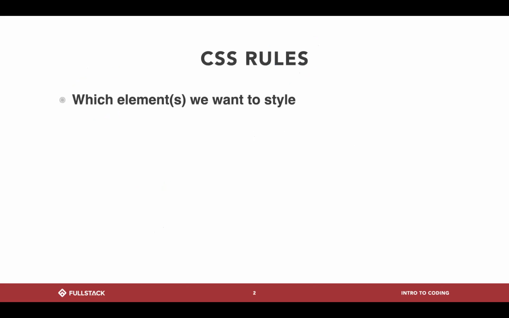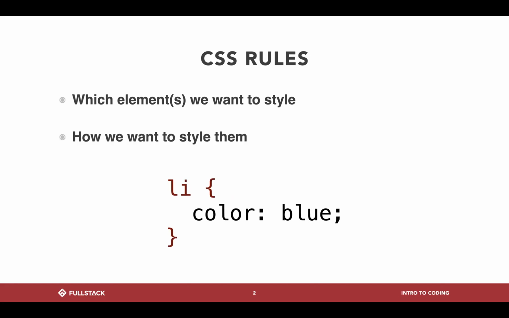CSS rules. With CSS, you define a rule, and that will dictate which element we want to style and how we want to style it. And here we have an example. We say which element I want to style. I want to style a list item. Remember those items inside of a list, those bullet items? My whole rule is this full thing.